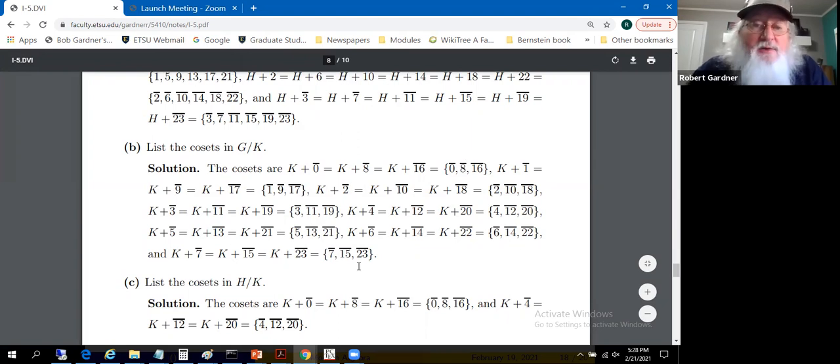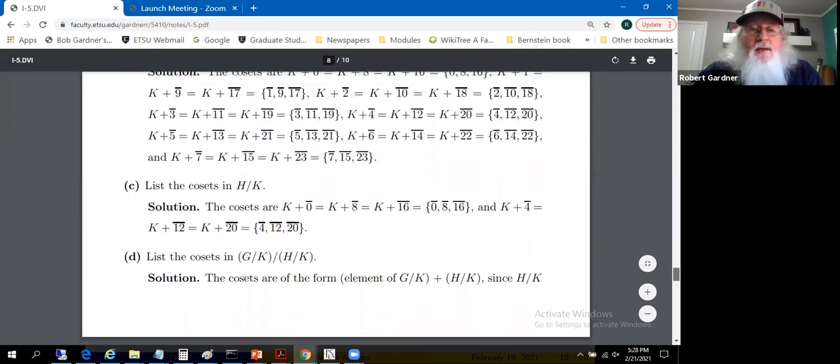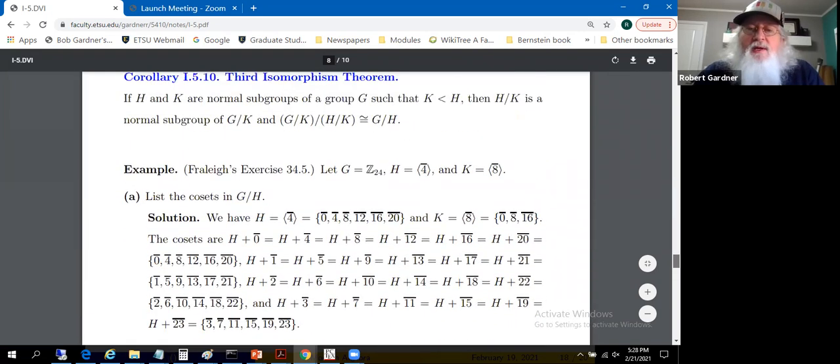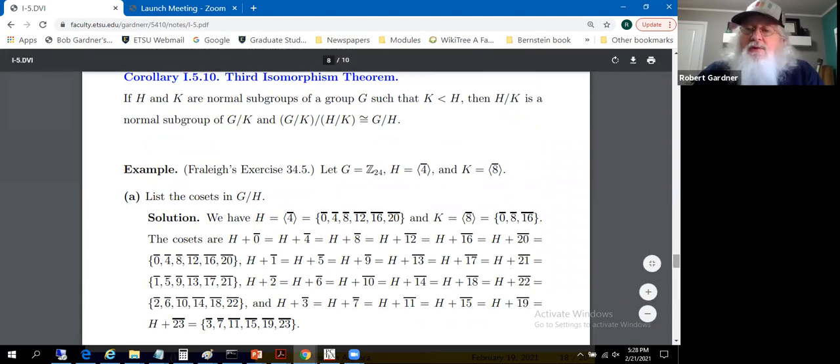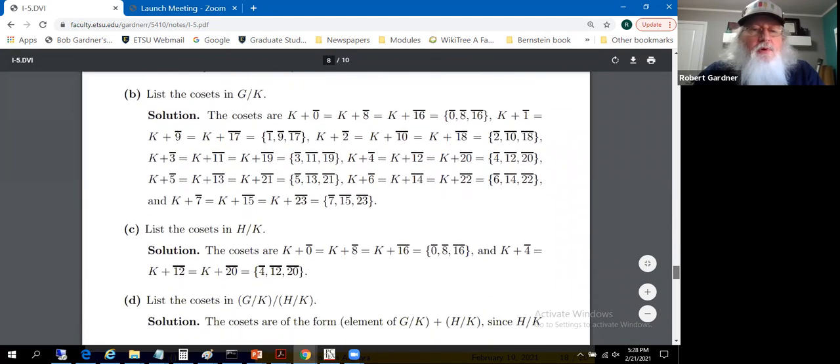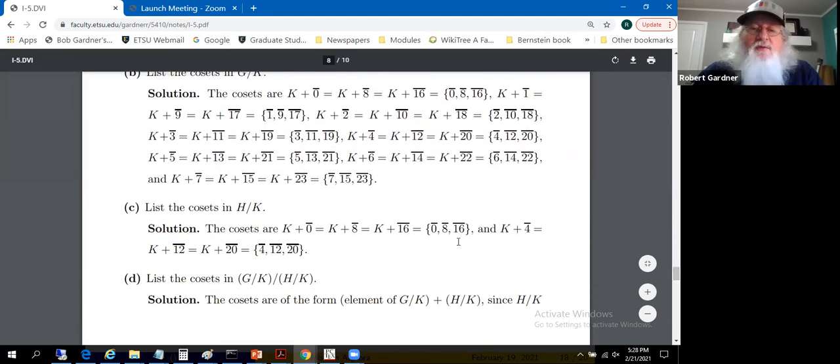So there's your 8 cosets of K in G. Cosets of K in H, H mod K. Let's see, let's count them real quick. H is of order 6, K is of order 3. There should be 2. Yeah, 2 cosets of K in H. And there's the arithmetic that produces them, and there's the cosets.